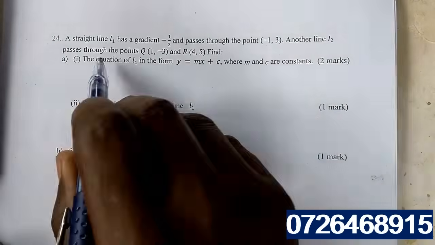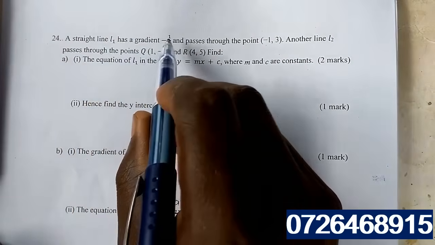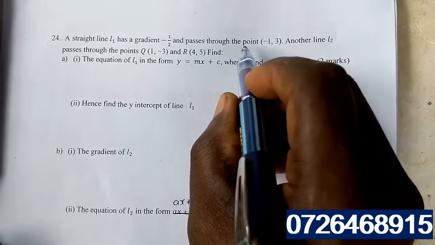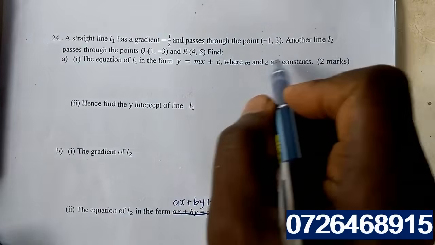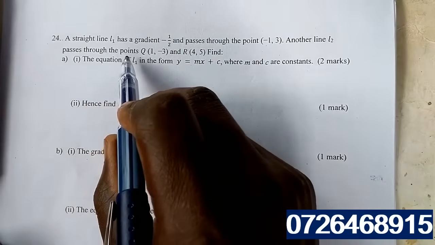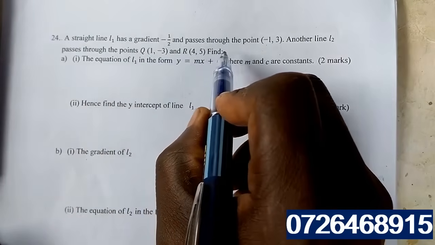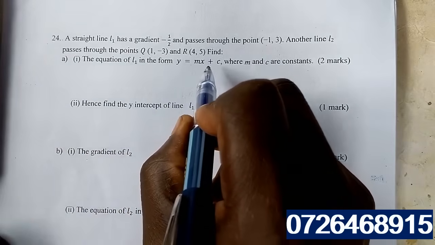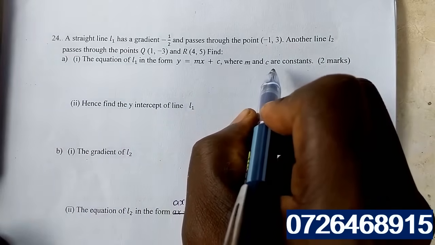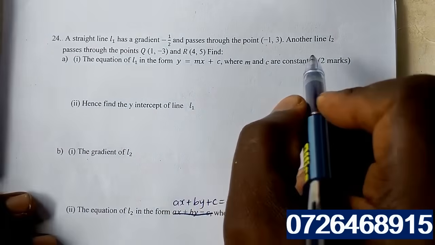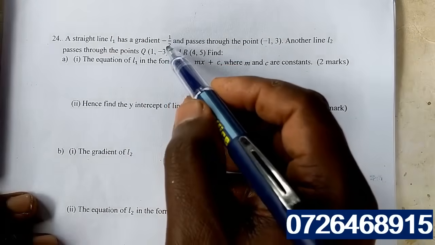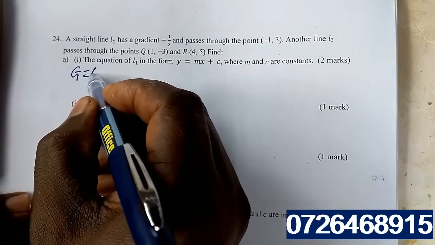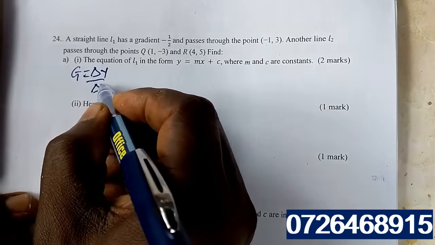A straight line, L1, has a gradient negative a half, and it passes through the point this. Another line, L2, passes through the point this and this. Find the equation of L1 in the form y is equal to mx plus c, where m and c are constants. So we have been given the gradient of L1. We have the point, that's very simple. So gradient equal to change in y over change in x.